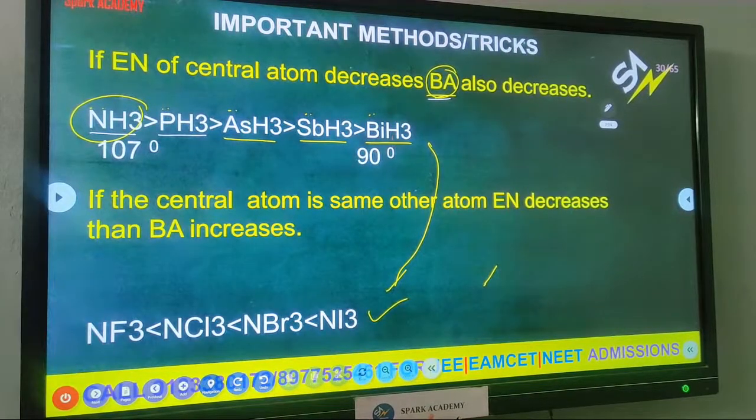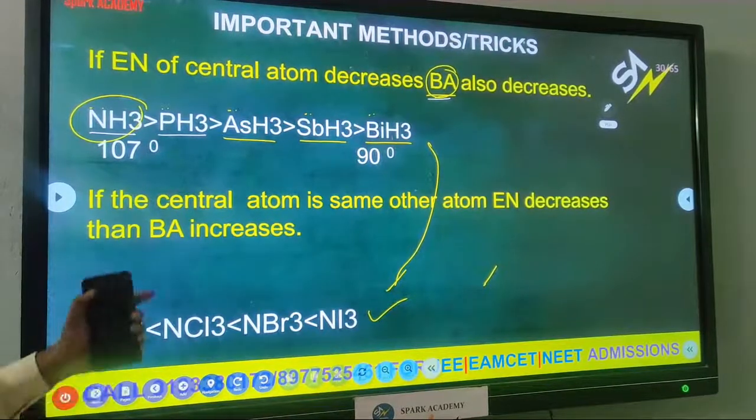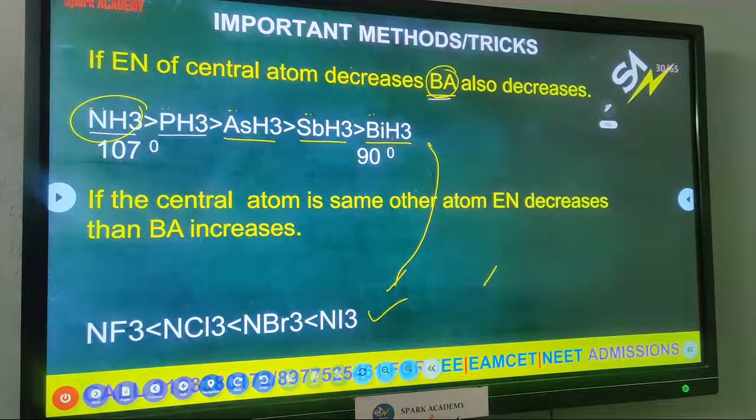If the central atom is the same and the electronegativity of the other atom decreases, the bond angle increases. You have to focus very carefully here because we have a chance to get a question in EAMCET from these two applications. We have to check once again and understand these examples clearly, so we can put the correct answer. Clear?